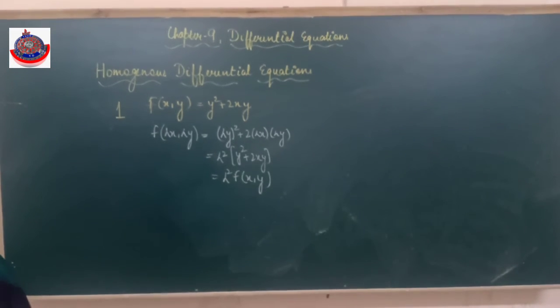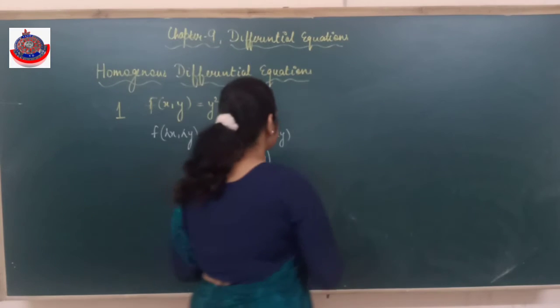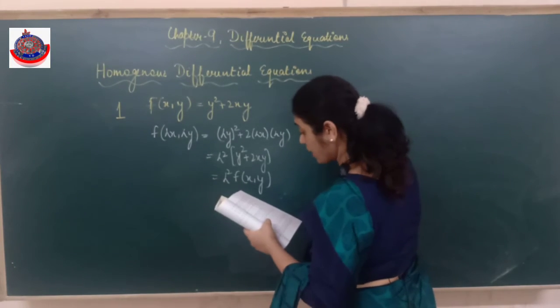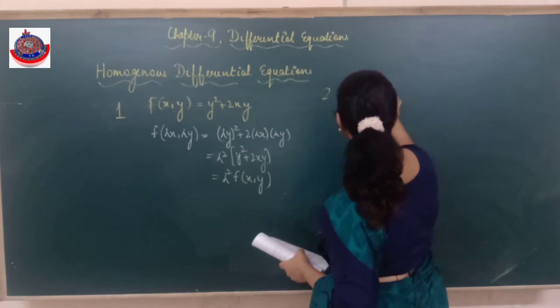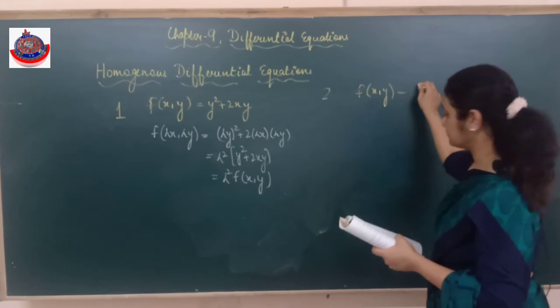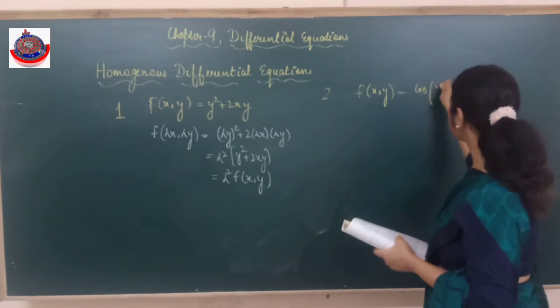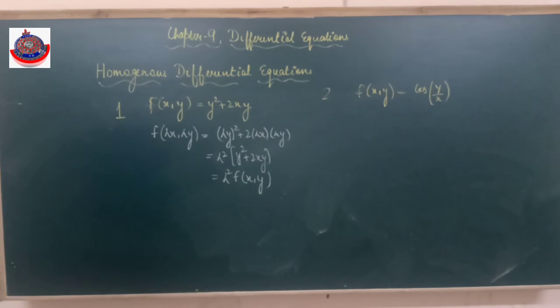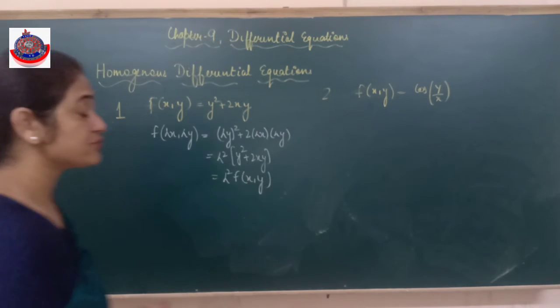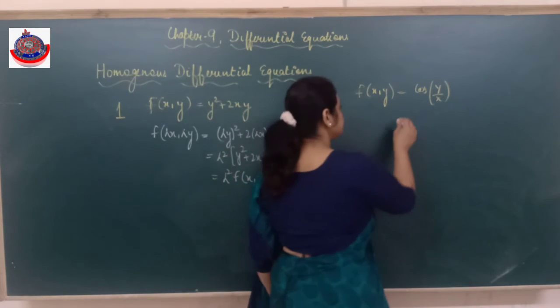Is it clear? For example, let's pick up more examples so that the homogeneous concept is clear to you all. Let's pick up the second example. Suppose I have this. Alright. Now what do I need to do? I have to replace x by lambda x and y by lambda y.